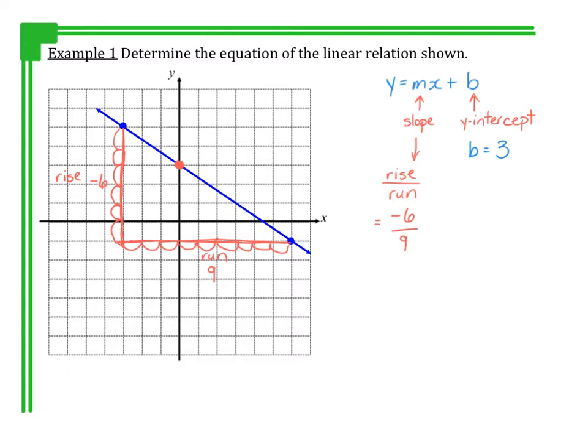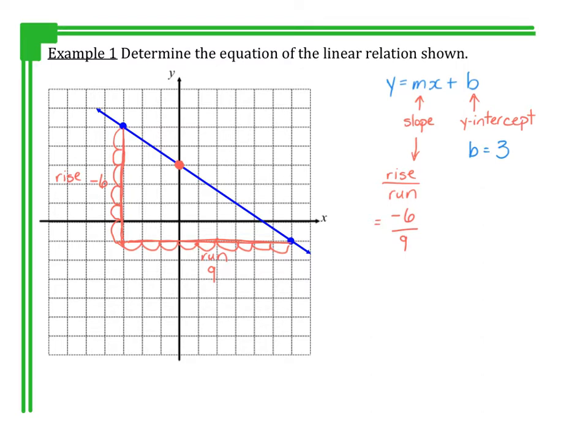If I took out a calculator and divided -6 by 9, that would give me a decimal, and I don't want to give my slope as a decimal. I want to leave it as a fraction. But when I look at this fraction, -6 over 9, I realize that it isn't in simplest form.